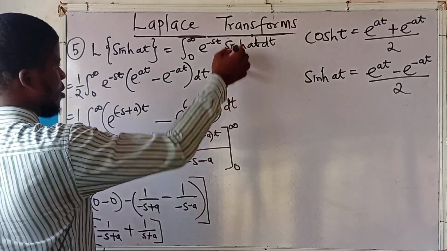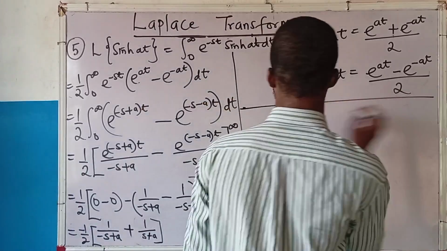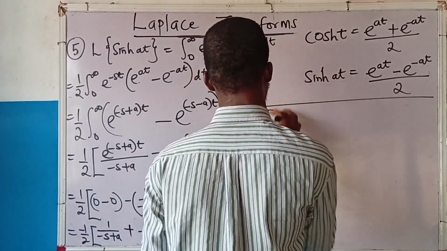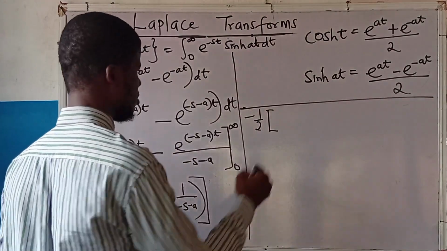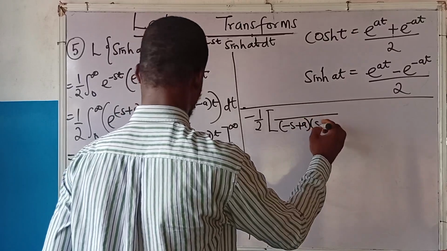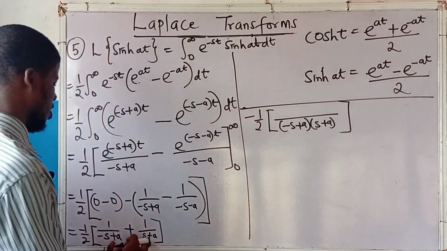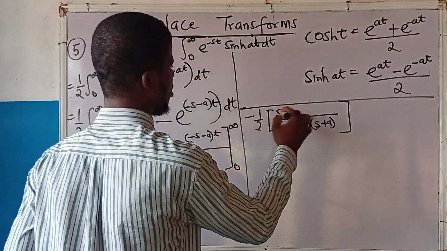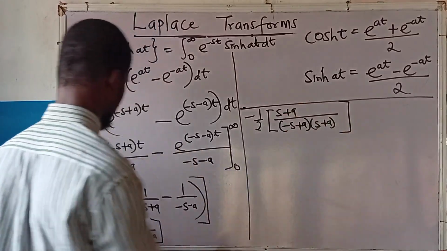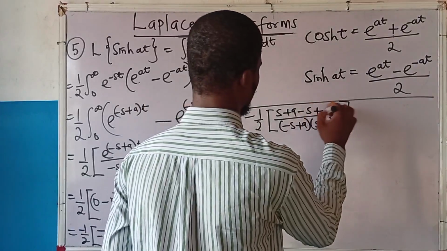So this is actually negative 1 over 2, negative 1 over 2 into the LCM, which is the product of the two of them, minus s plus a, s plus a. Divide the LCM by this, you have s plus a times 1, that's s plus a. Divide the LCM by this, you have minus s plus a times 1, minus s plus a.